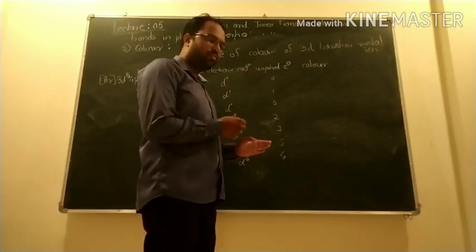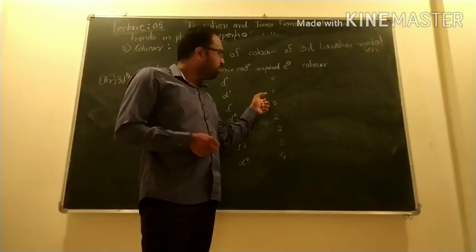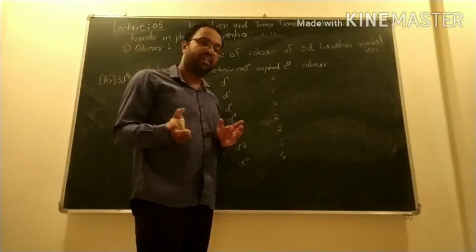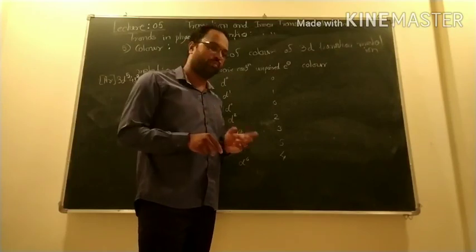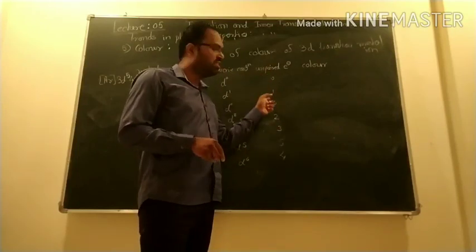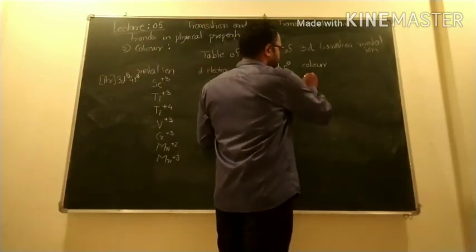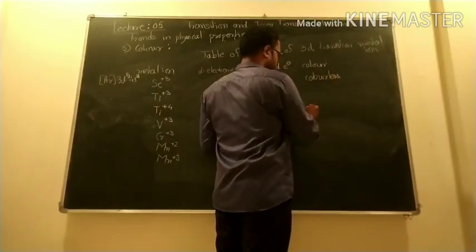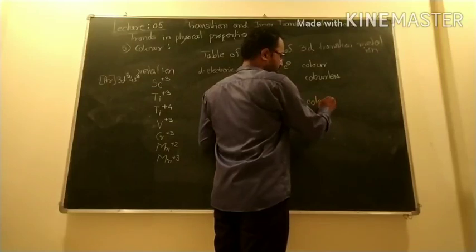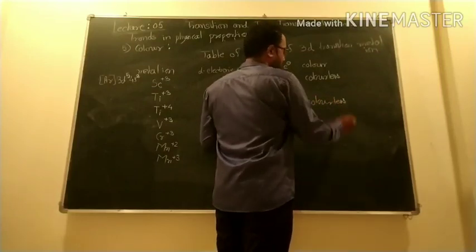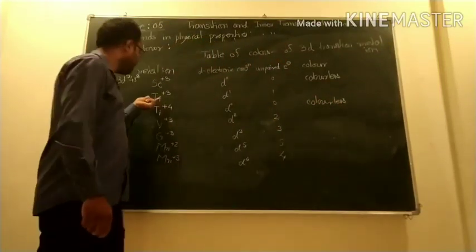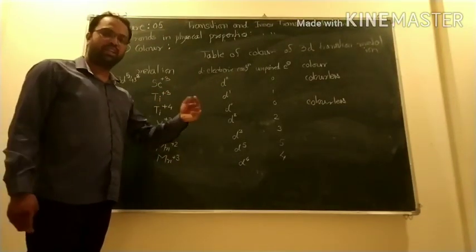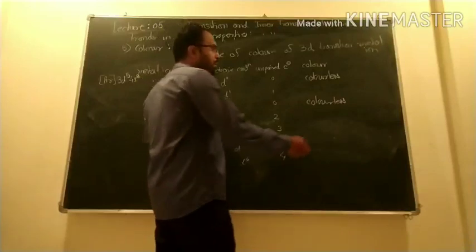We already know that a compound with 0 unpaired electrons is colorless. So these two cases are colorless. But Ti +3 has 1 electron, and we observe the color in the example, which is purple.